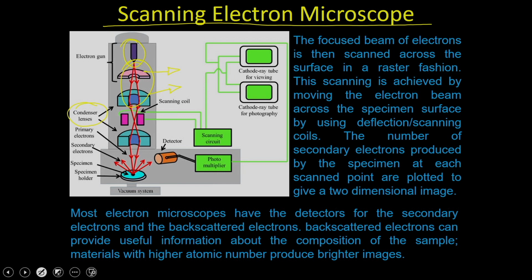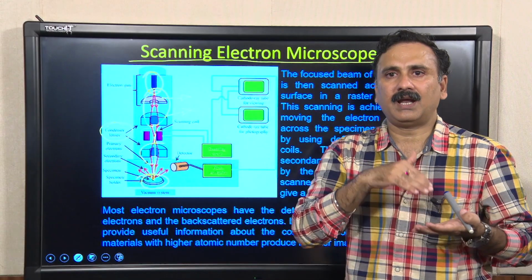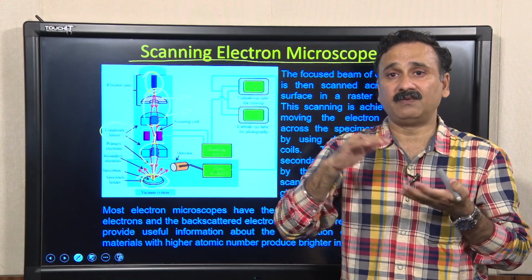The condenser lens focuses them further, and then it allows you to bombard the sample, which is placed on a sample holder, and once you bombard the sample with the electrons, they go in different directions.